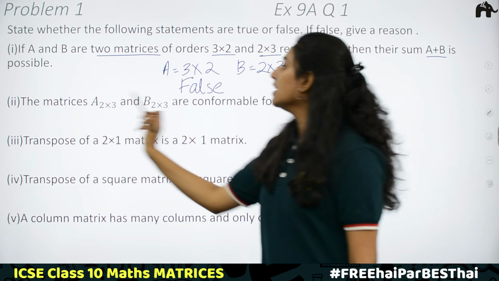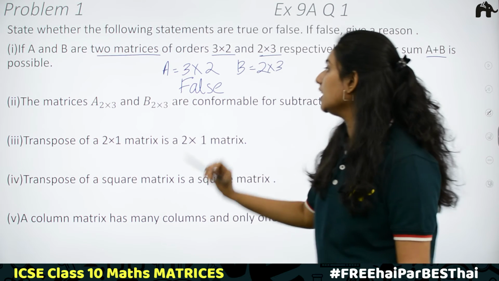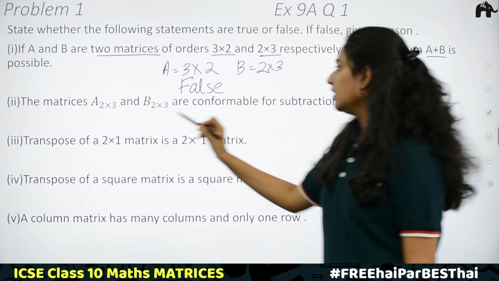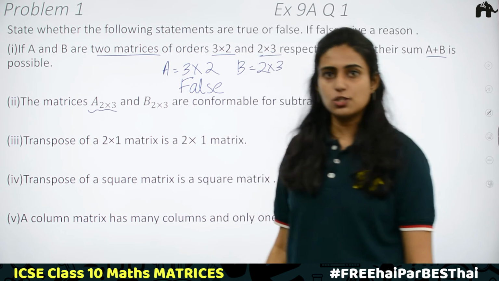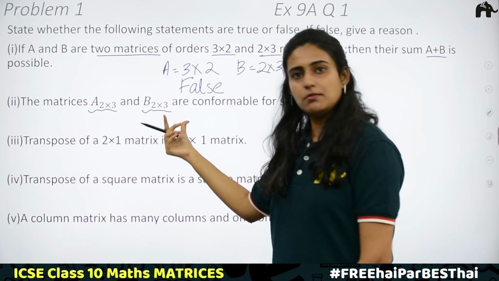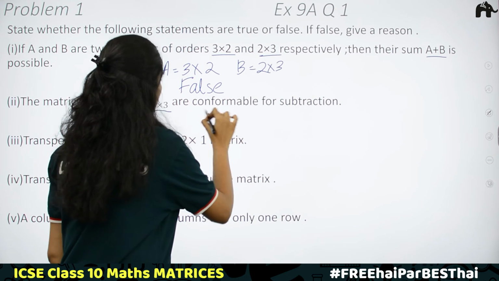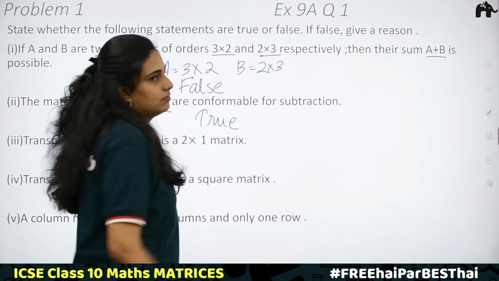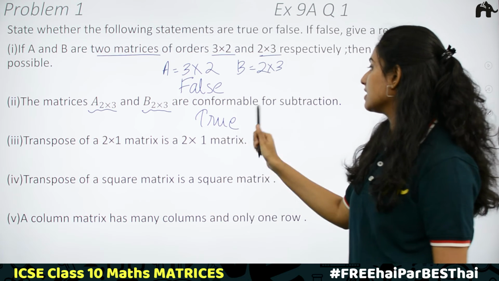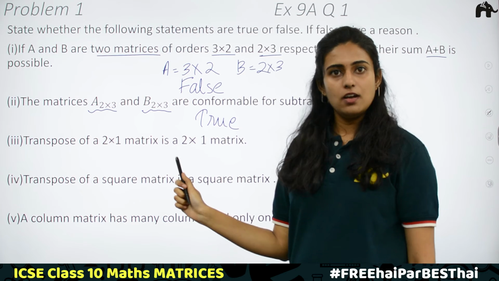Now, the second one: the matrices A 2 by 3 and B 2 by 3 are conformable for subtraction. Here, matrix A is of order 2 by 3, matrix B is of order 2 by 3. Order is the same and then subtraction is possible, which means this statement is true. Now the third: transpose of a 2 by 1 matrix is a 2 by 1 matrix. Is this statement correct? No, right?